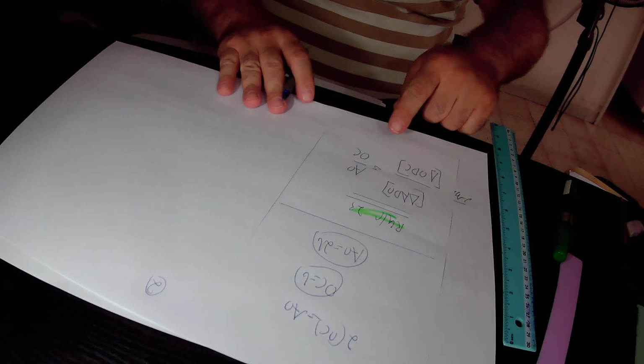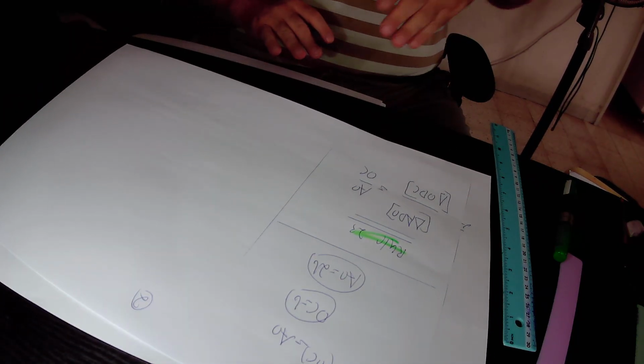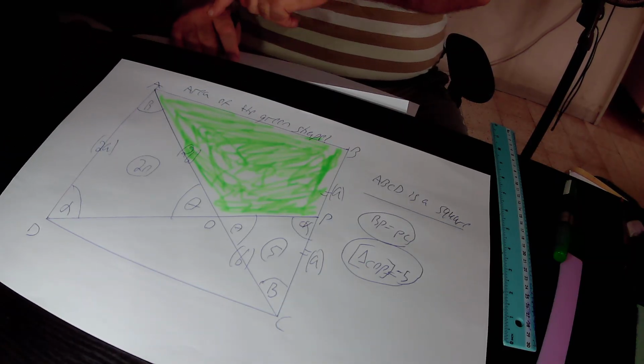This equation is the implementation of rule 23 in our drawing.